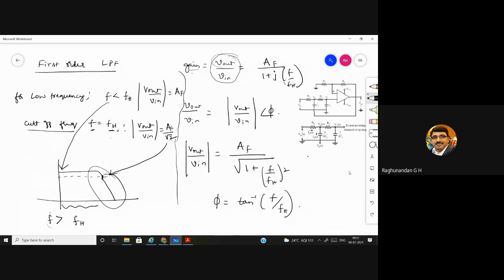FH is the higher cutoff frequency. This is the point which we call FH, the higher cutoff frequency. After the cutoff frequency, we get the higher frequency. What will happen when the frequency becomes greater than FH?